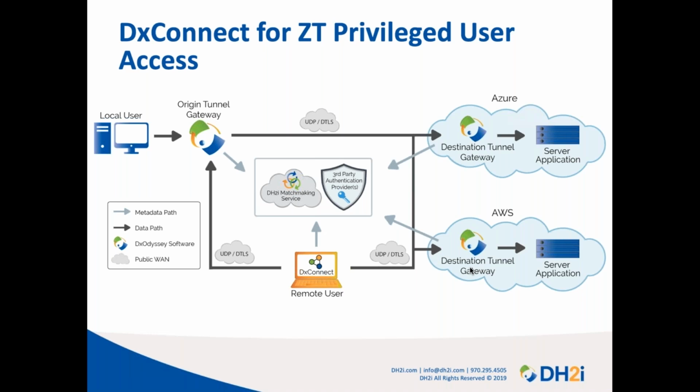And then the gateway machines will join together with one another by registering with the DH2I Cloud Matchmaking Service. So this is a very lightweight process by which these gateways will register with the matchmaker, and then at that point they will communicate with one another directly.